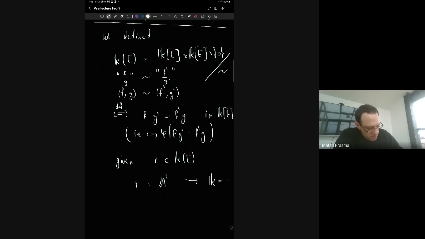The ground field is just the affine line. So this is sometimes denoted as a dotted arrow. Okay, so this is like a partial function.